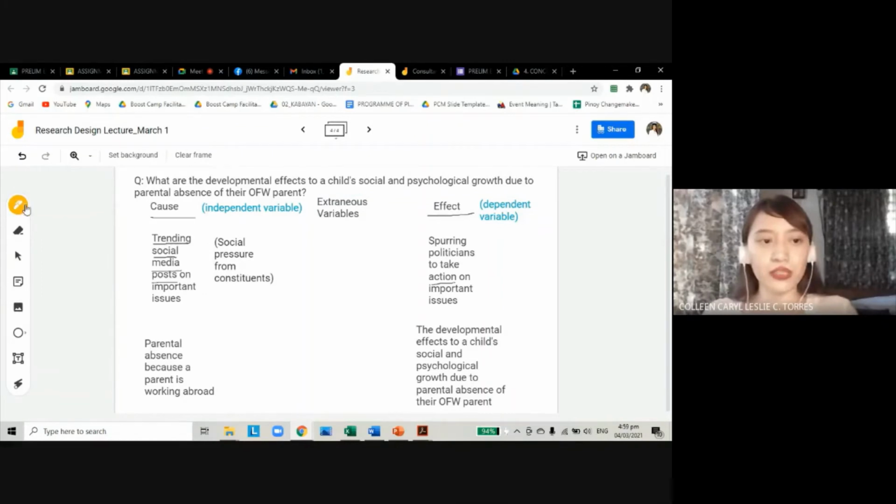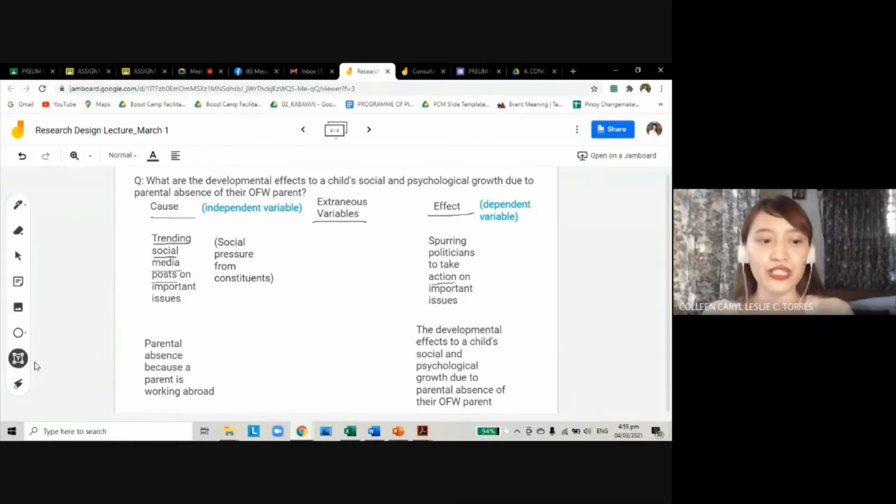So as what you may have already read, no, kung nag-study mo sa libro, you would know that the extraneous variable, again, as mentioned sa definition, is any factor that could affect the cause and effect relationship.